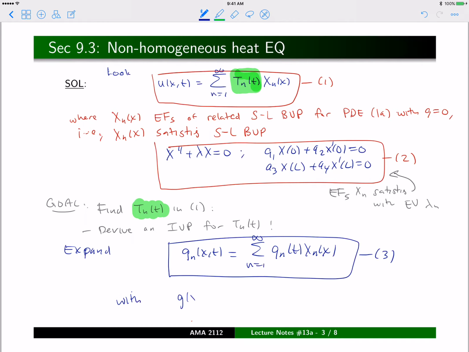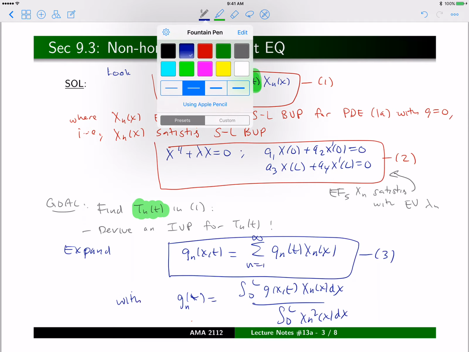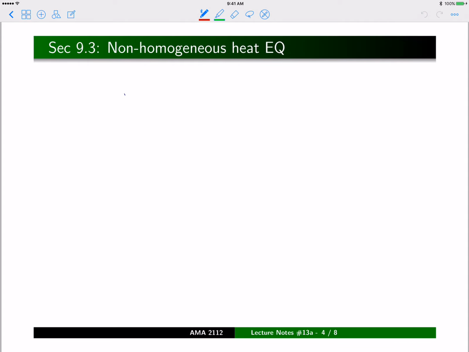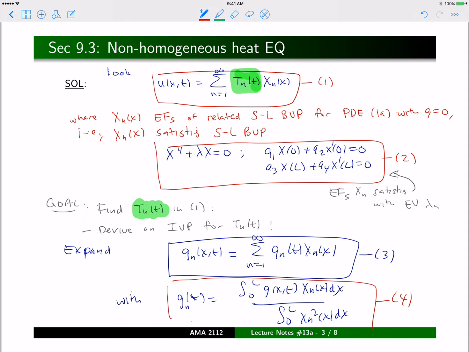So Gn of t is given by the generalized Fourier coefficient expression, the integral from 0 to L of g of x, t times Xn of x dx, over the integral from 0 to L of Xn squared of x dx. Let's call this 4. Actually, these are labeled wrong. Let's put 2, 3, 4, and 5.